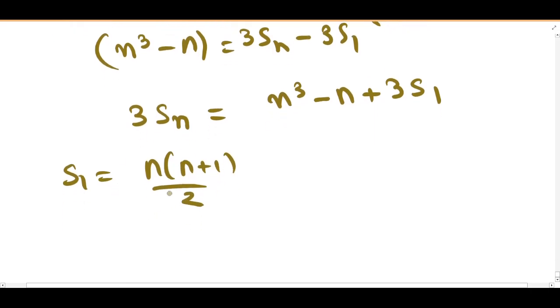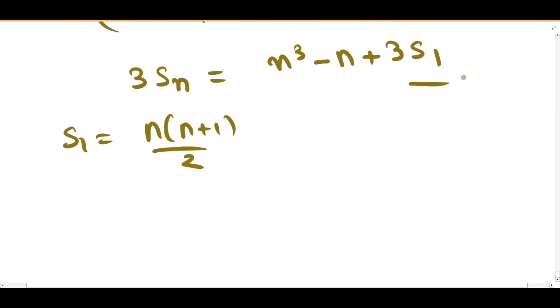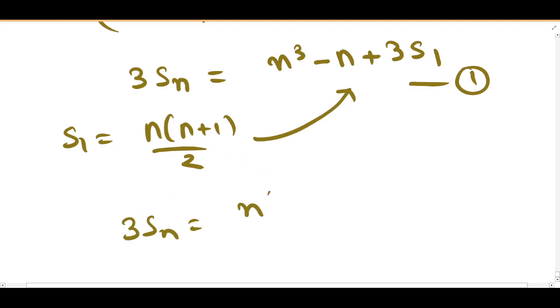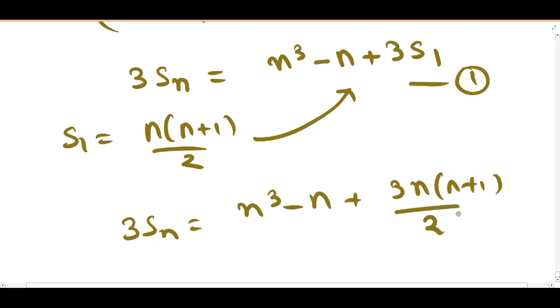So substitute S1 in equation 1: 3Sn is equal to n cube minus n plus 3n(n+1) divided by 2.